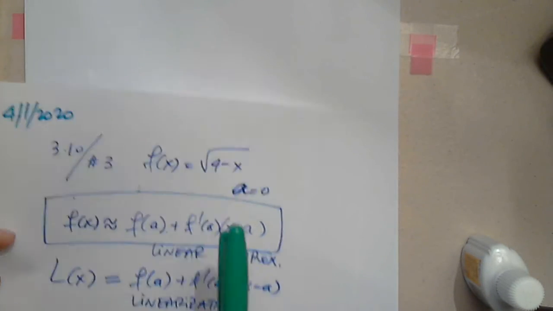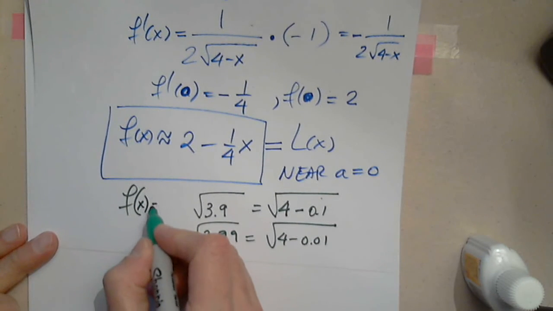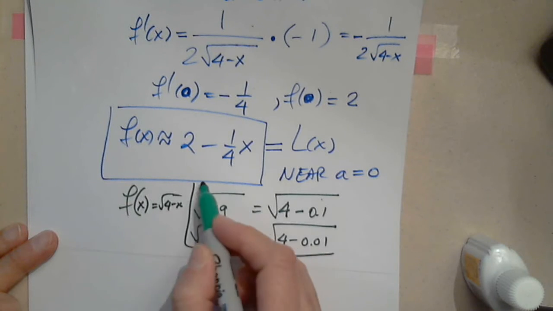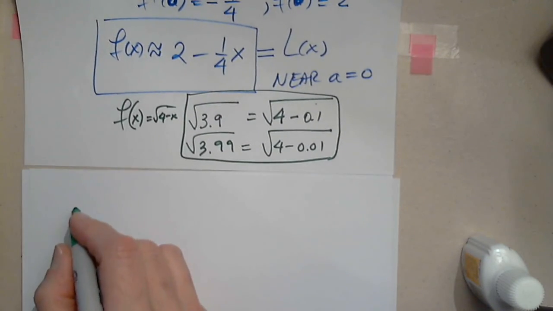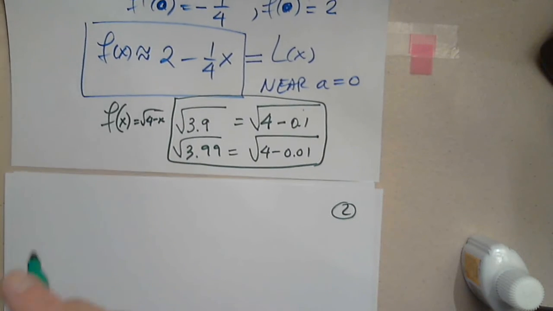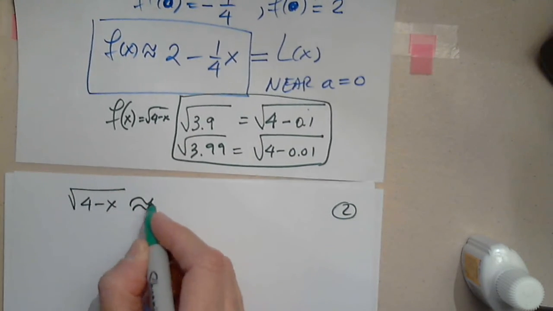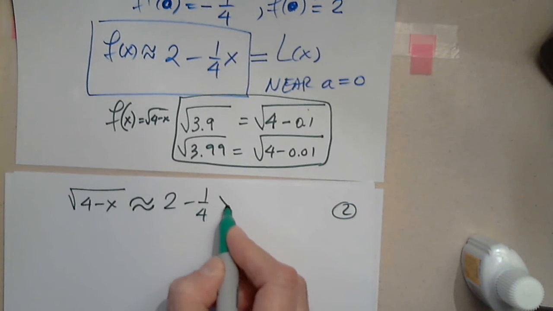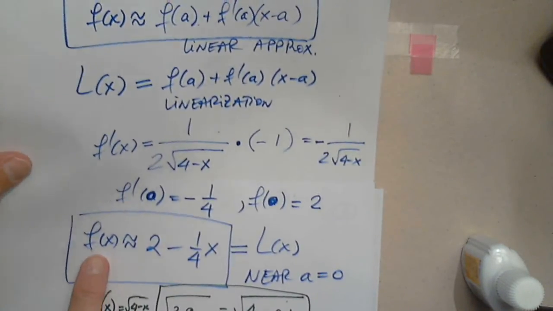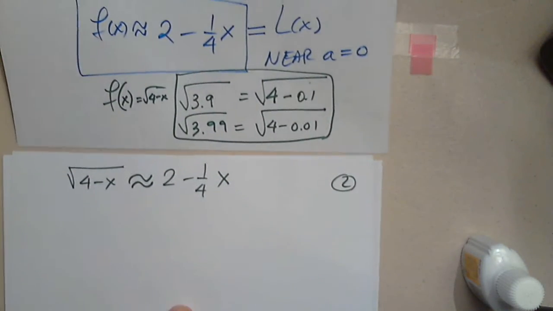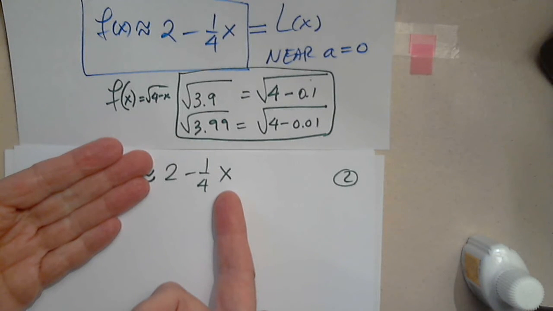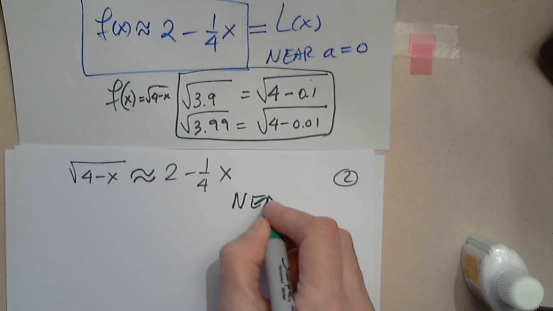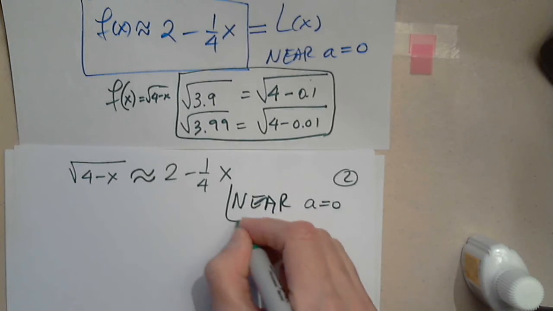Because here's the function, right? So our function, let me write it here. Okay? So this is the function that is approximated. So we say that the square root of 4 minus x can be approximated by 2 minus 1/4 x. This is what we are saying. This is our function. So when I say that the function is approximately this, I'm really telling you that instead of evaluating this, you can evaluate that. But remember, near 0.